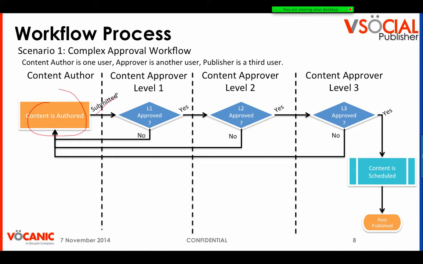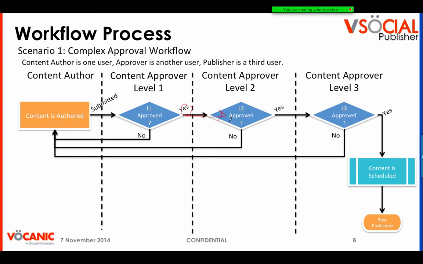They submit the content, and the system will notify the 1 or more individuals who are configured at level 1 that this content needs to be reviewed. If one of those approvers decides to reject the content, it will get sent back to the content author for revisions. Or if one of those approvers accepts the content, then it will get sent on to level 2.